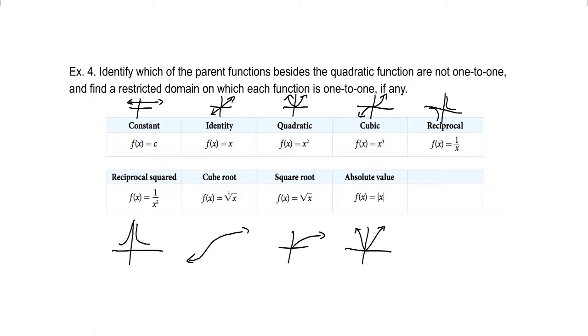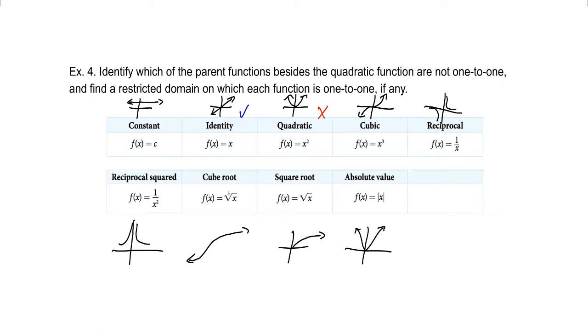All right, there they are. Well, one-to-one, we can use our horizontal line test to determine that. So if we draw a horizontal line across these graphs, we should not be able to cross it more than once. Well, the identity function is a real easy one here. Horizontal lines only cross once. This one is one-to-one. We're looking for ones that are not one-to-one. It's actually stated there that the quadratic function is not one-to-one.